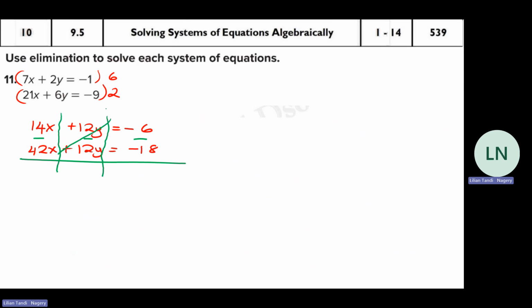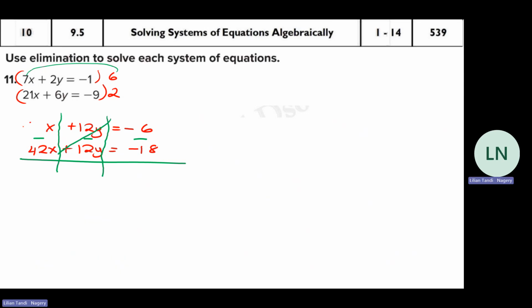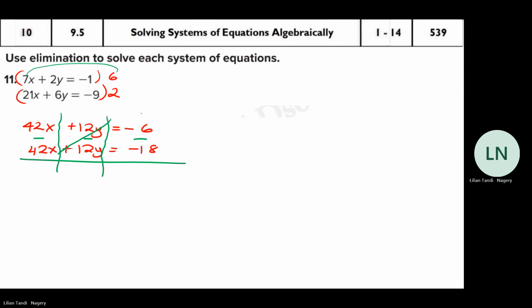I disagree. 6 times 7 is not 14. 6 times 7 is 42. Why I wrote 14? I don't know. 6 times 7 is 42. Okay. Now, what do I notice? This and this is 0 also.